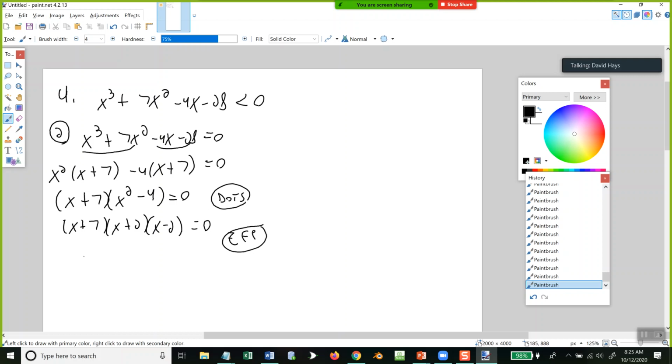Zero factor property: get 0 on one side, you factor the other side, set each factor equal to 0. So x plus 7 equals 0, x plus 2 equals 0, x minus 2 equals 0. And we get negative 7, negative 2, and positive 2.